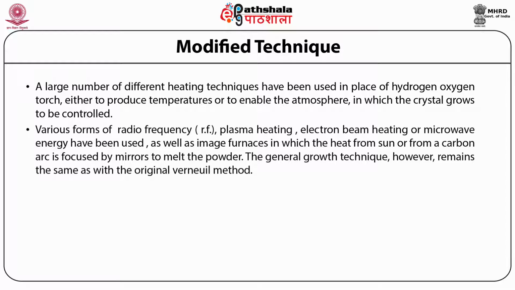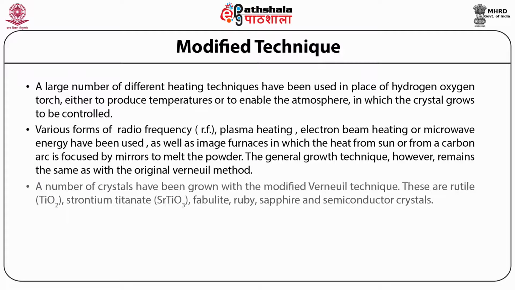Various forms of radio frequency, that is RF, plasma heating, electron beam heating, or microwave energy have been used, as well as image furnaces in which the heat from the sun or from a carbon arc is focused by mirrors to melt the powder. The general growth technique, however, remains the same as with the original Verneuil method.